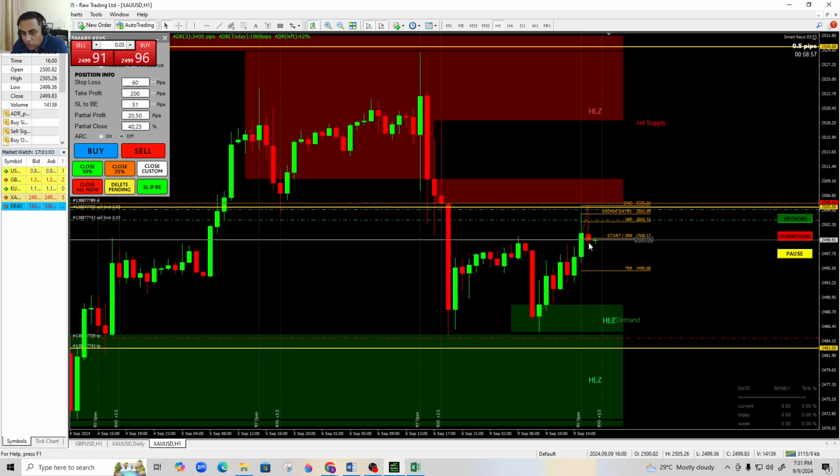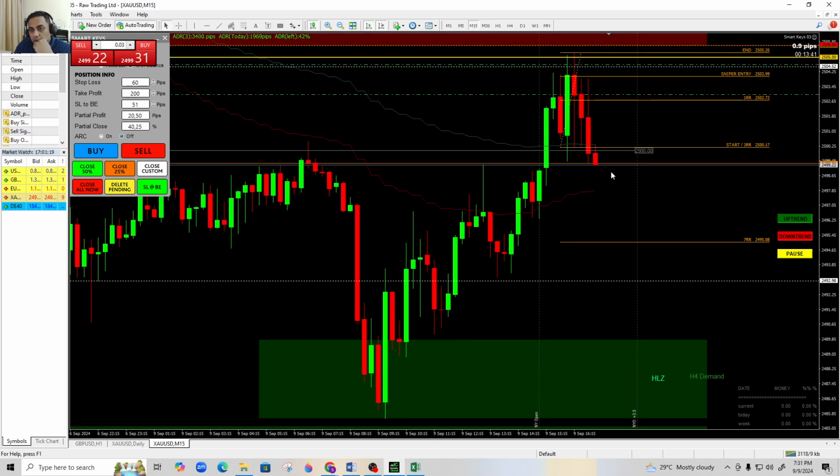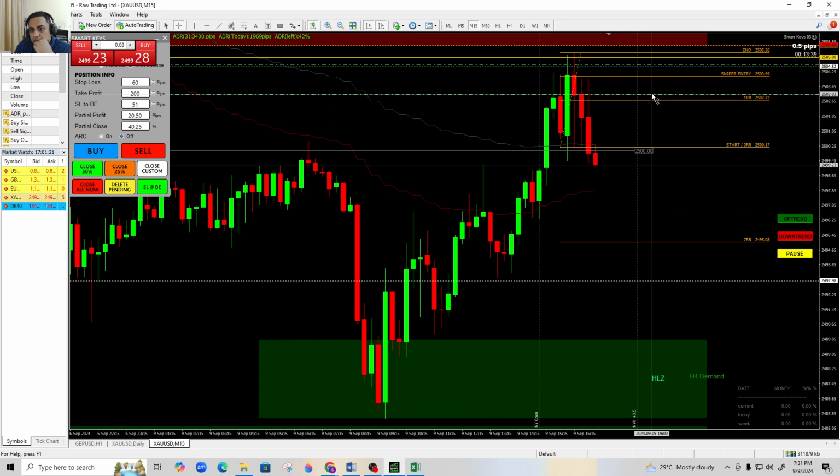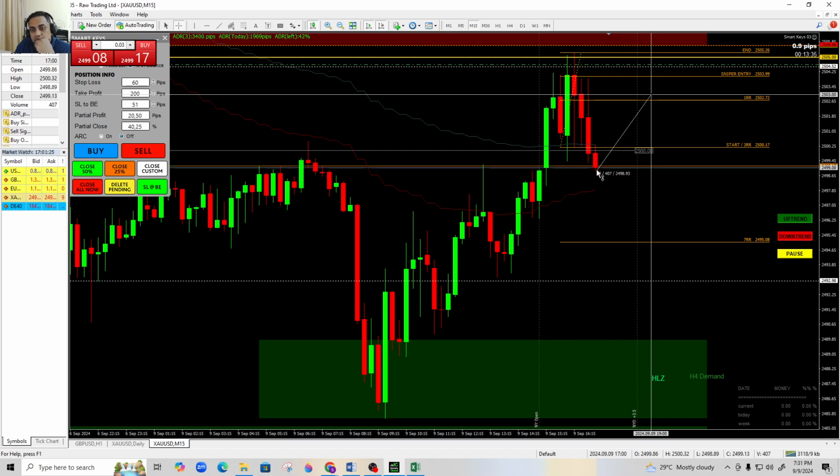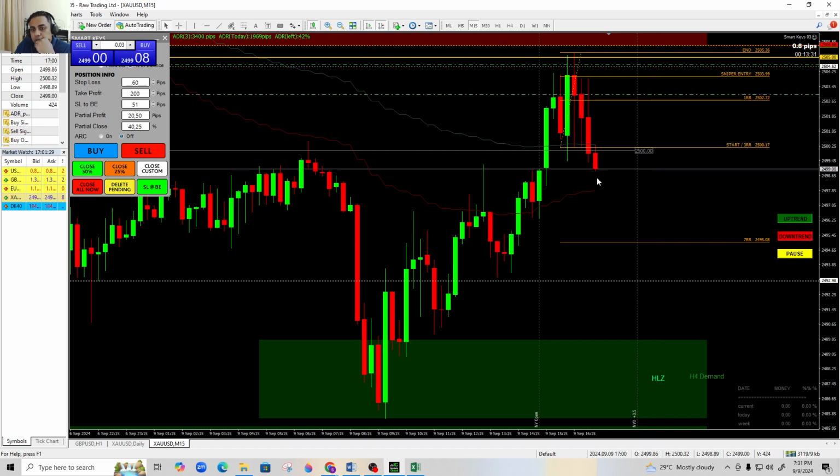This H1 candle has already broken this low, but we want price to pull back, not just jump in as the breakout. We want price to pull back, get us an entry, and then go down. All right, that's what we want. Will that happen? Doesn't need to, but that's what we want.